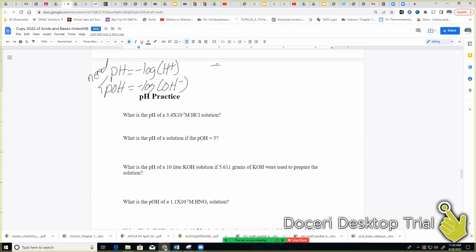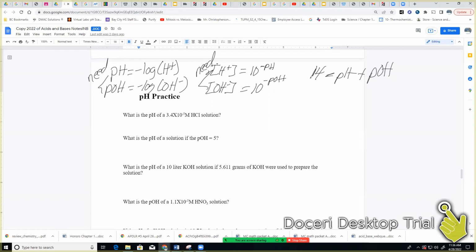Now, if I need my concentration, then it's 10 raised up to the negative pH, or my hydroxide, 10 raised up to the negative pOH. So that's if I need one of those two. And then 14 is equal to pH plus pOH, always comes in nice and handy. All right, so then we don't have to flip back and forth.